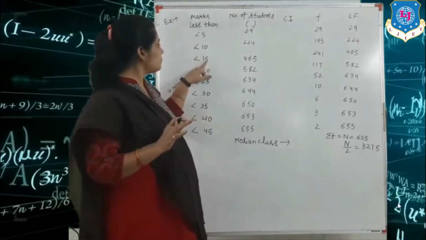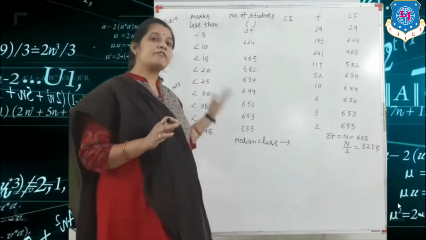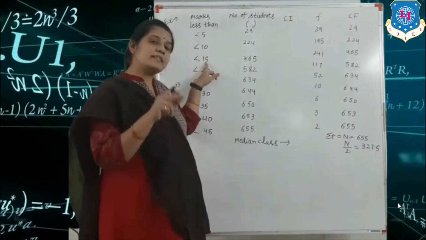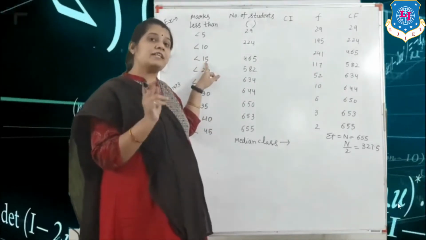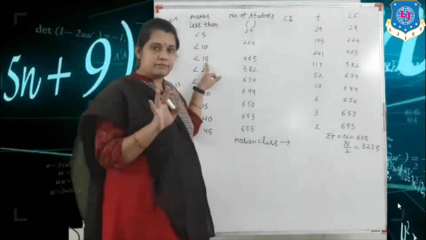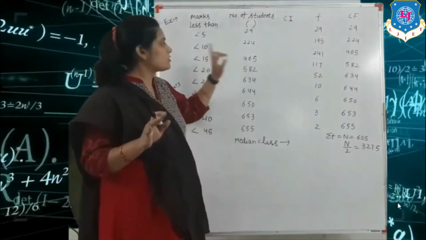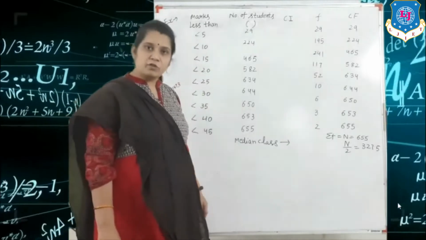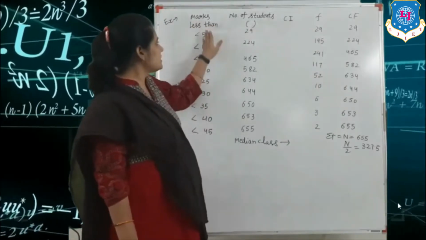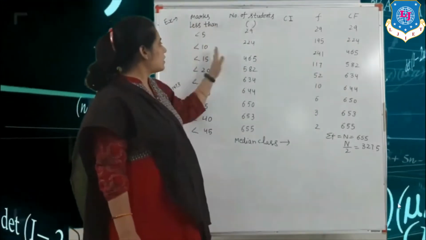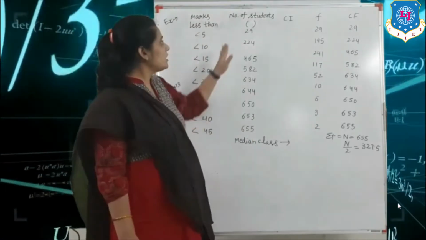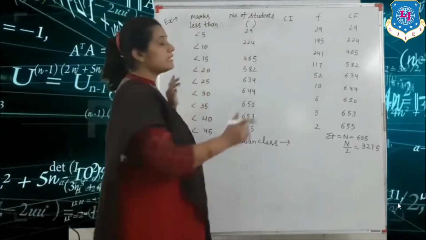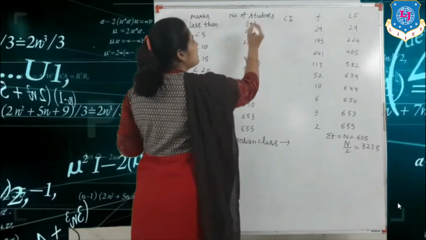Okay. Less than 15, marks less than 15. So in the less than 15, less than 5 and less than 10 are already included. Got it? So the total number of students is 465. Okay. So this question is given in this format. So according to this question, the number of students is given as CF, cumulative frequency.